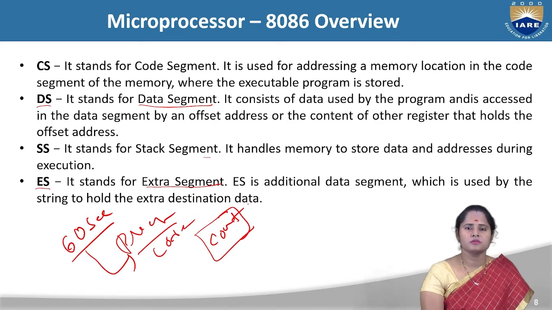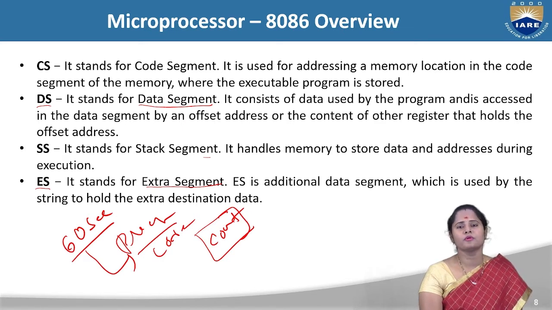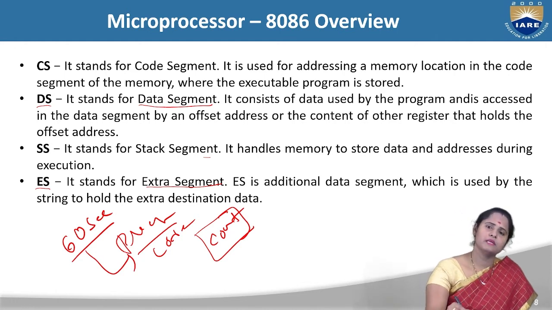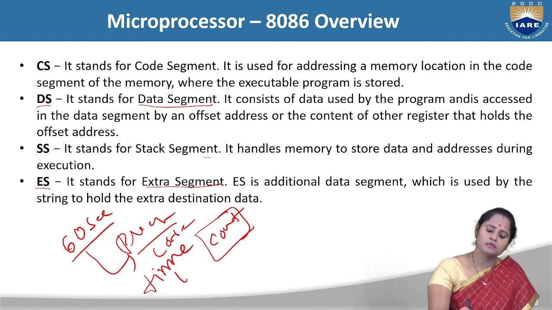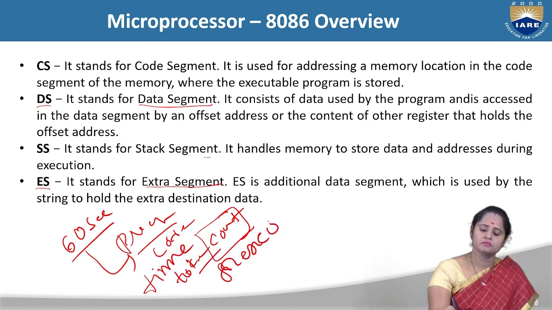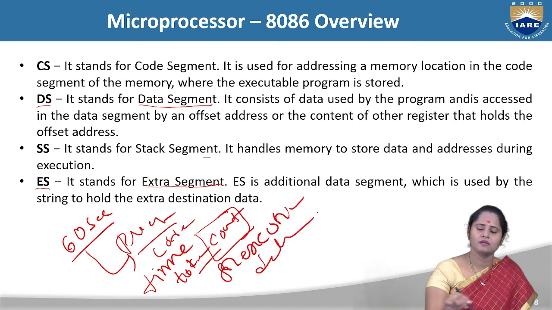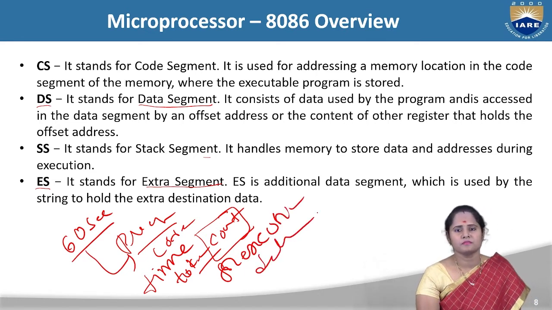Until it finds that code in memory, it keeps on searching. So what is happening there? Time is taken for execution, so there is some delay for that execution, right?